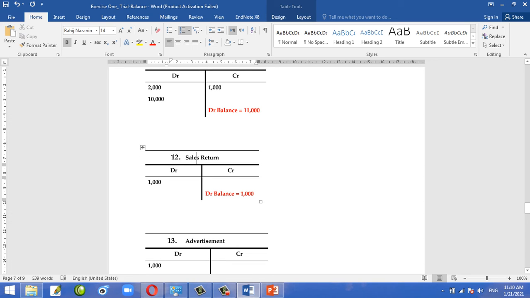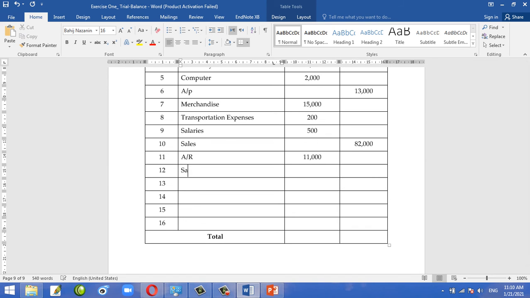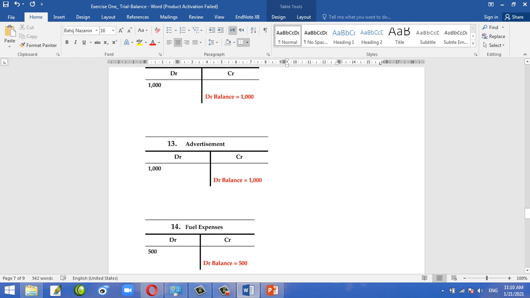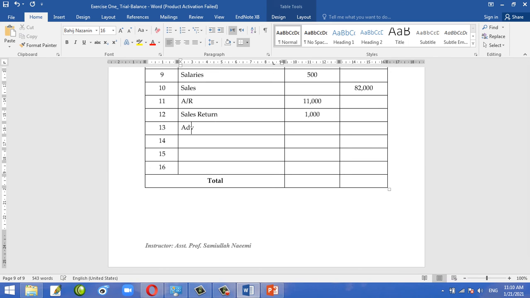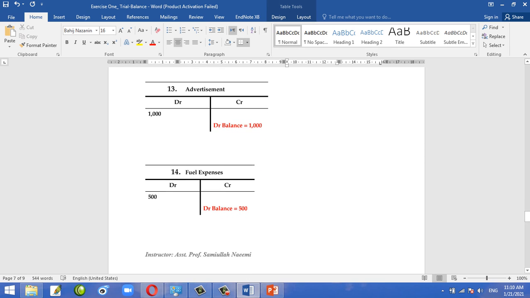We have 1,000 sales return in debit side. We have advertisement, that's also a kind of expense for the organization, and we have 1,000 in debit side.